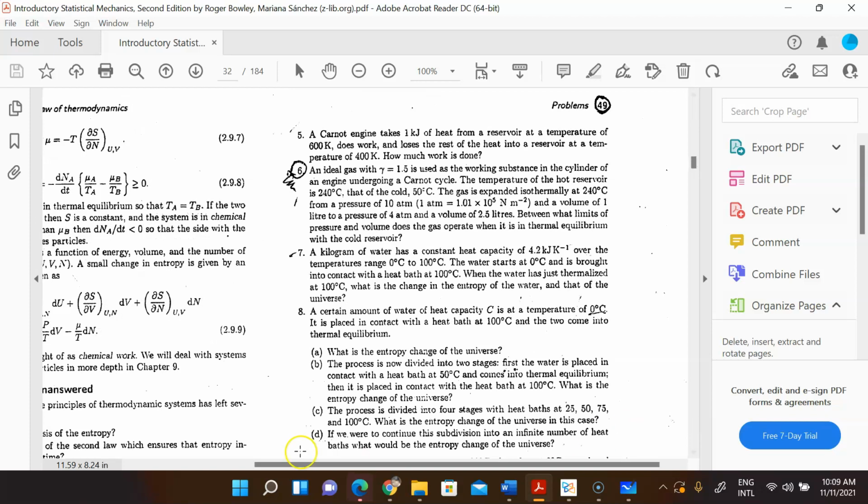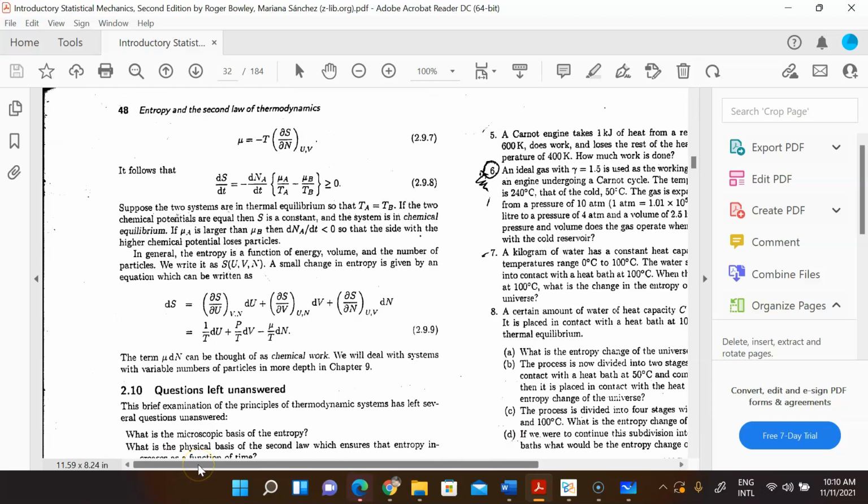I just want to finish off the last part, which is when we did all this calculation with respect to the entropy, taking the derivative with respect to time, we were assuming the entropy as a function of a single variable.